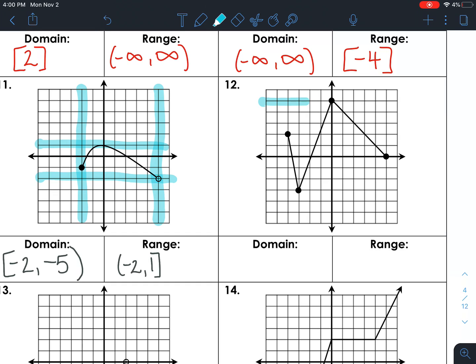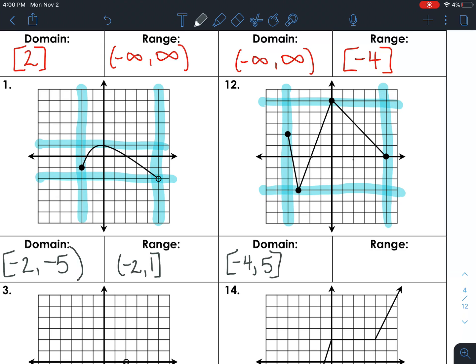Here with 12, this is my highest point and my lowest point, my farthest left, and my farthest right. All right, so let's do domain first. 1, 2, 3, 4. So that's going from -4 to 5.